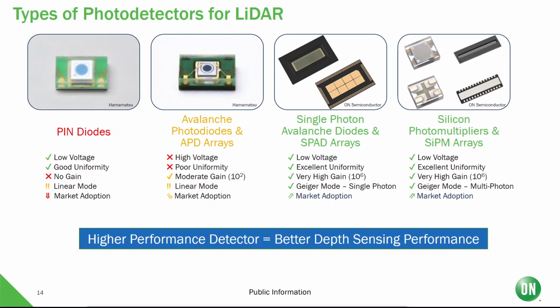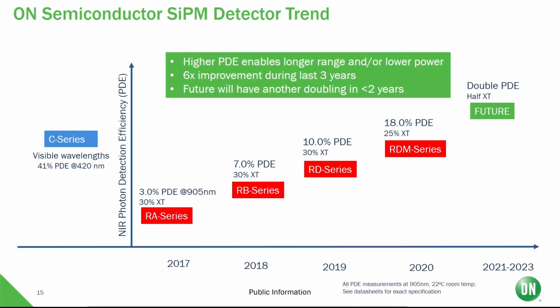And SiPMs and SPADs both benefit from low voltage operation and excellent uniformity, as well as high gain. We can also build arrays of both SiPMs and SPADs. So it's not surprising that SiPMs and SPADs are fast becoming the detector of choice for many LiDAR applications.